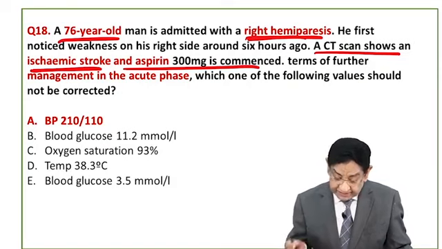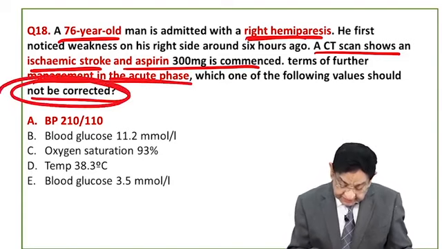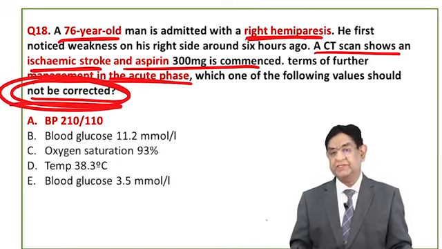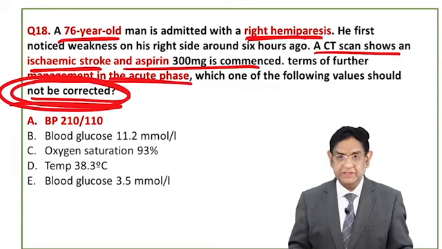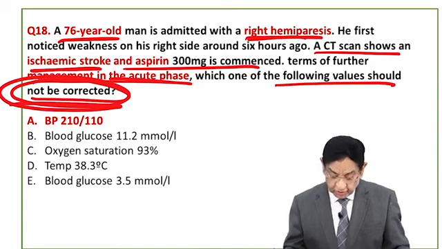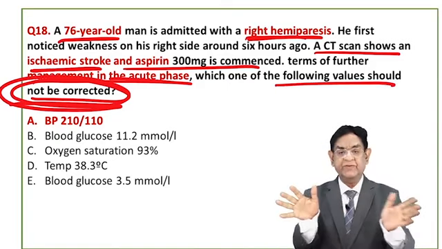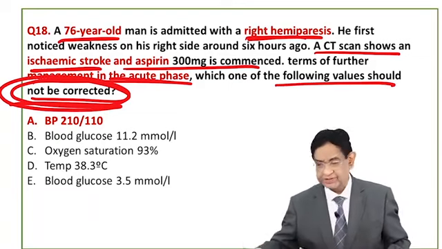Now, what he says in the management of the acute phase, which will not be corrected? I hope you have read this question very carefully. If not, I still give 30 seconds. What he says, which of the following would you not like to intervene on? I give you some time to answer your question quickly.